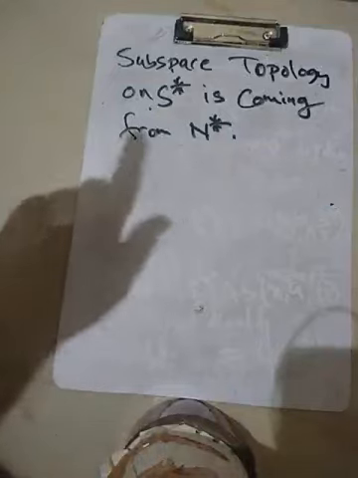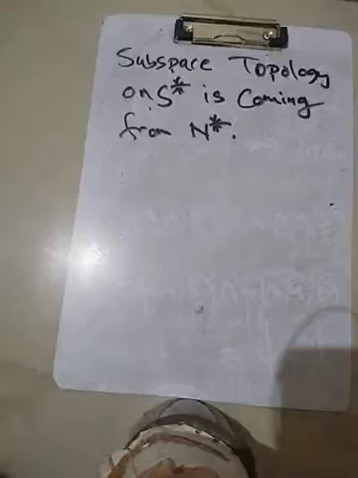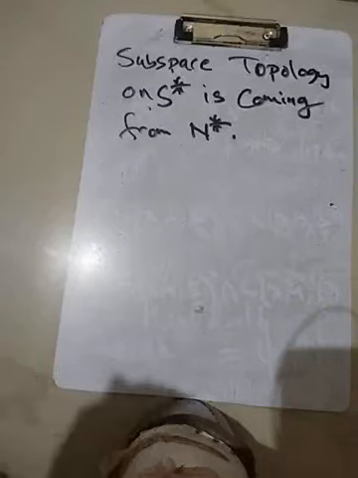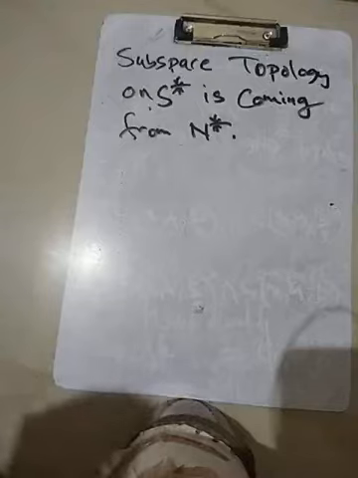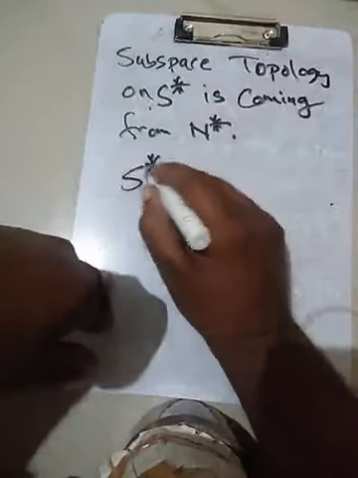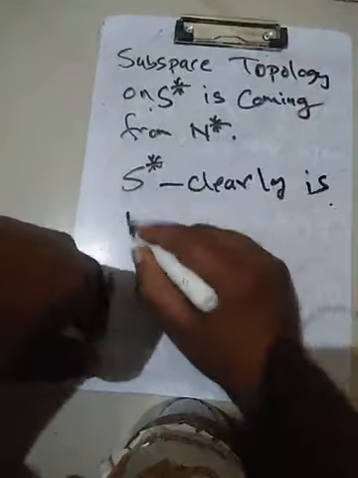And we know that subspaces of Hausdorff spaces are Hausdorff. As you can clearly see, every sub-basis element is an open set. If you take the intersection with S star, these two are disjoint sets because their original sets are disjoint, so their intersections with S star are also pairwise disjoint. So that is a distinct neighborhood. So S star clearly is a Hausdorff space.